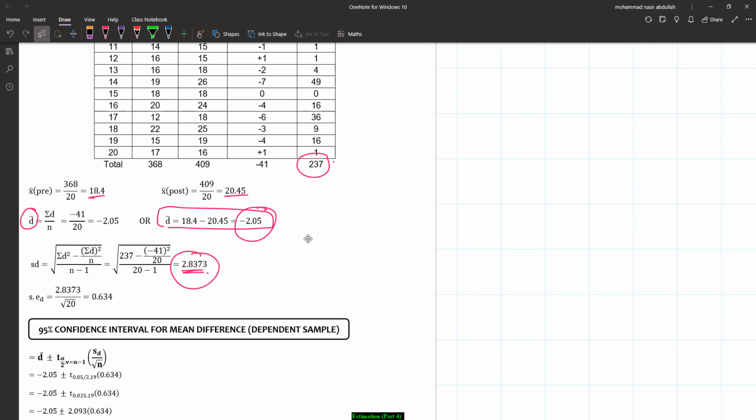Since you already have these two values, the mean difference and the standard deviation of the difference, you just plug into the formula: d plus minus t alpha divided by 2, v, which is n minus 1, times the standard error. The standard error is the standard deviation of the difference divided by square root of n, right?